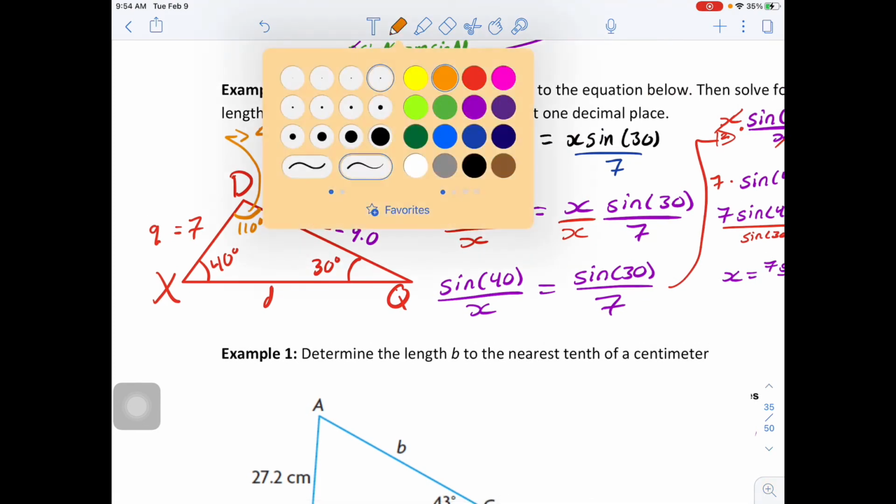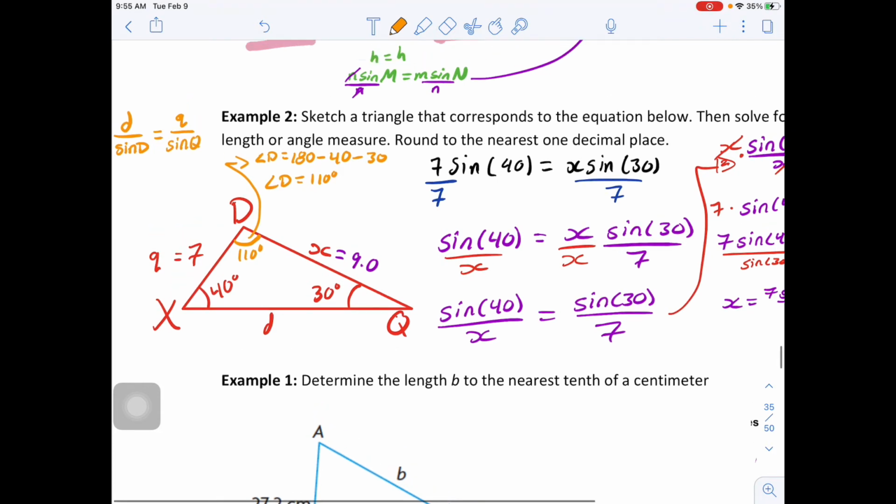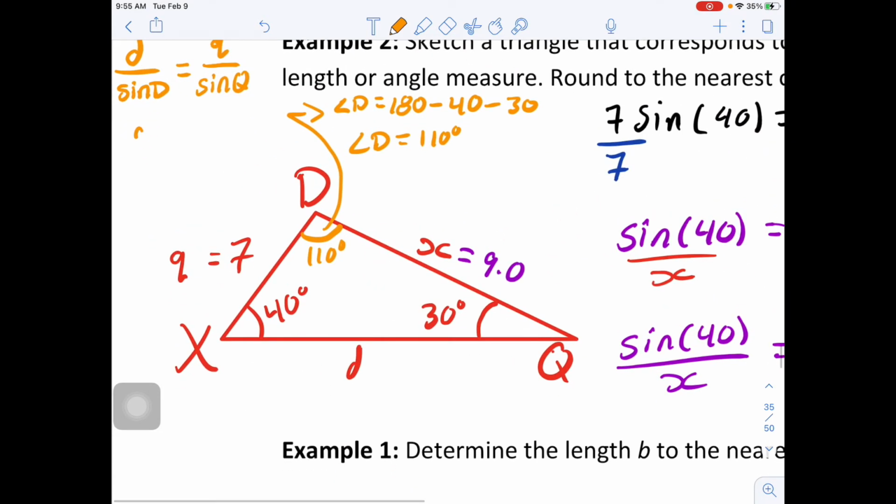So d over sine d equals, and again, I'm going to use the non-rounded values, 7 here, equals q over sine q. Now you can plug in those values. So d over sine d, which was sine 110, equals q, which is 7, over sine 30. And we have the ability to solve for d.